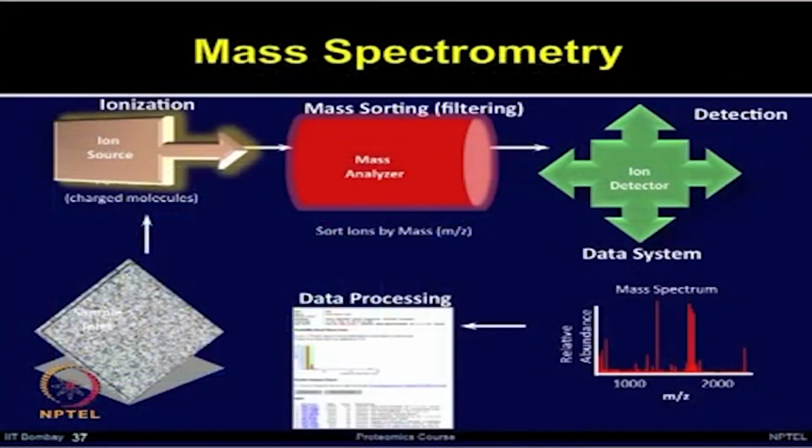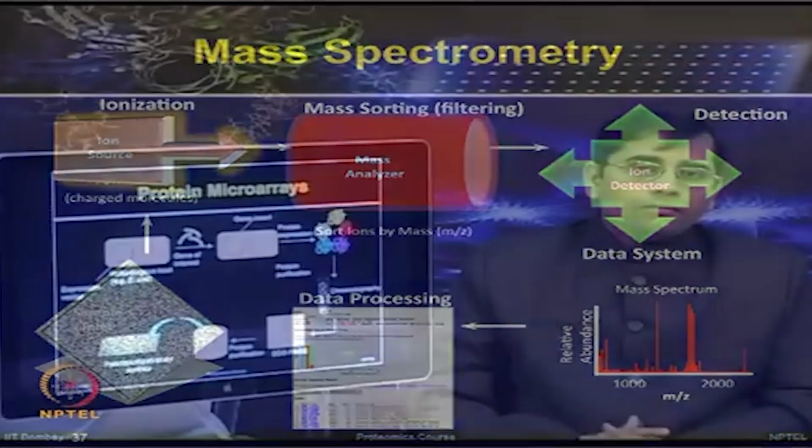The commonly used mass analyzers include quadrupole, time of flight, ion trap, orbitrap, etc. Mass spectrometry has become the method of choice for analysis of complex protein samples in proteomic study due to its ability to identify as well as quantify thousands of proteins.